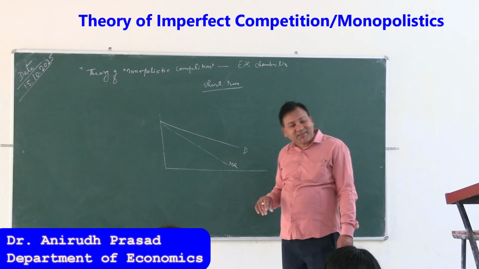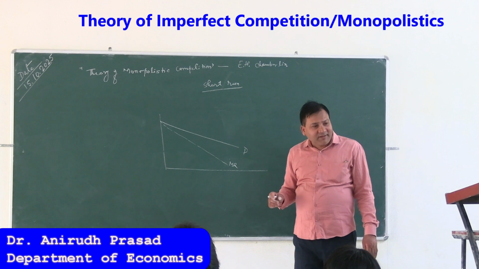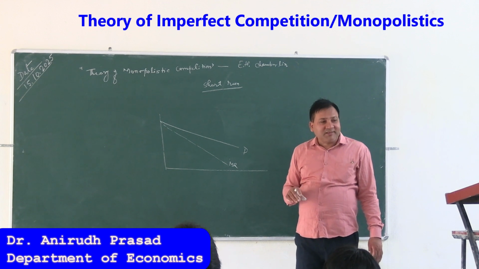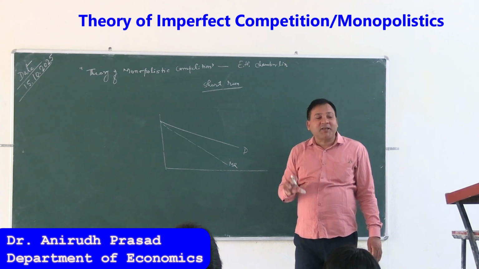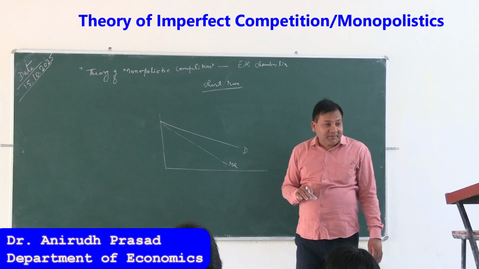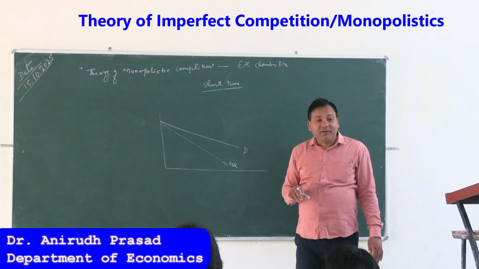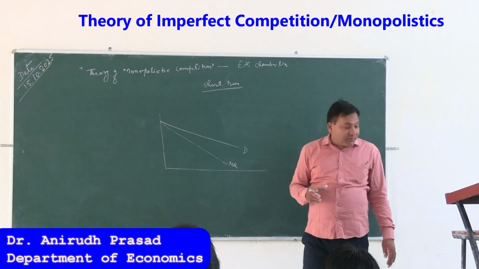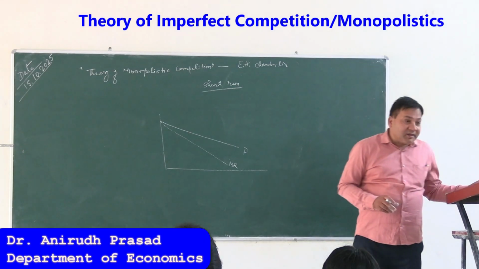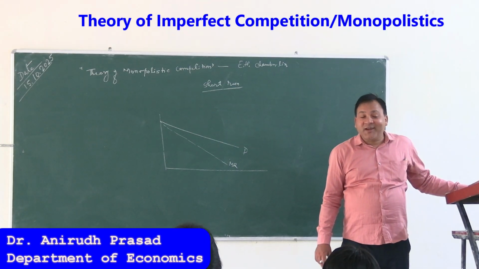By changing fixed capital in the long run, the producers adjust the equilibrium and get the profit. But in the short run, producers are not in a position to change the fixed factor, so they need to adjust through their variable factors in the market.